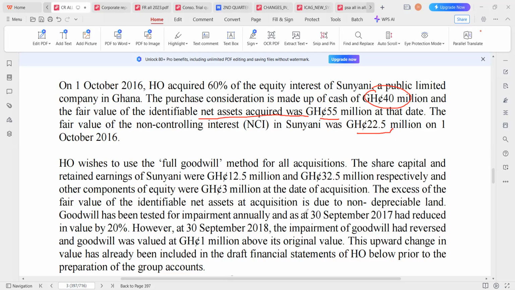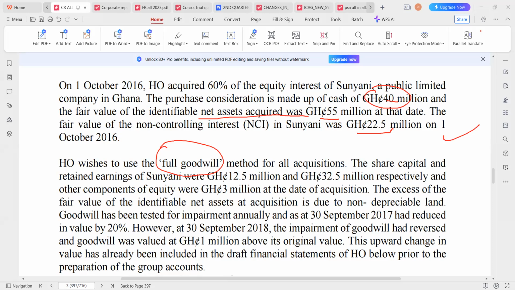So here, you don't need to worry yourself. Once I have the fair value, I can go ahead and calculate goodwill. Goodwill method is what? Full goodwill method. So purchase consideration of 40 plus NCI 22.5, making 62.5, less 55. That's the goodwill. No two ways about it. So get the goodwill figure correct.